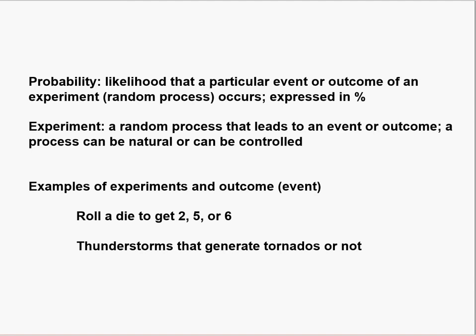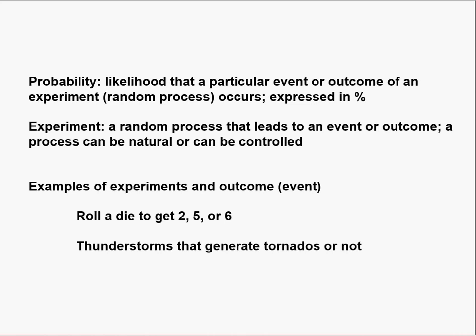Now the outcome: you roll a die, and the outcome to get a 2 or 5 or 6, these are all called outcomes from this experiment of rolling a die. And they are also called events. Getting a 2 is an event. Getting a 5 is an event. Getting an odd number is also an event that relates to this experiment of rolling a die.